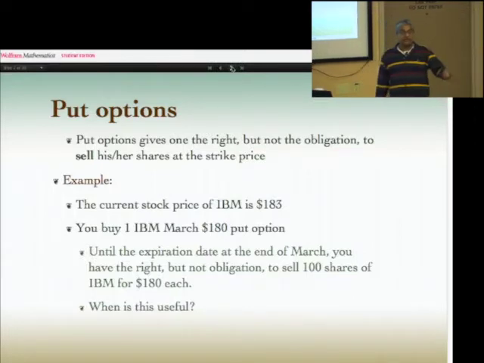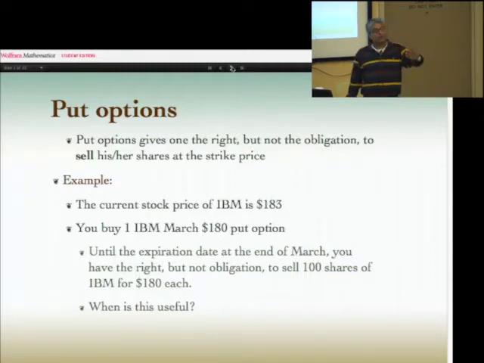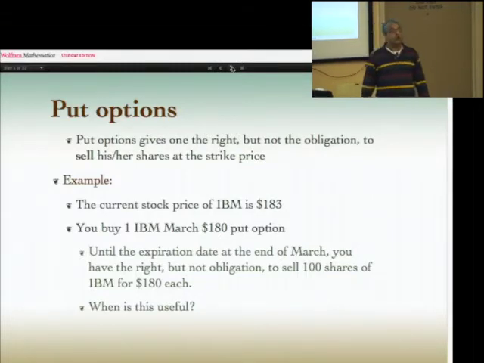You're better off simply using the open market at a better price. Now, the reason you've bought this, if you've bought it at all under these terms, is because you believe, for whatever reason, that anytime before its expiration in March, the IBM stock price is going to go below 180. That's the whole idea. Otherwise, there's no sense why you would buy this put option.